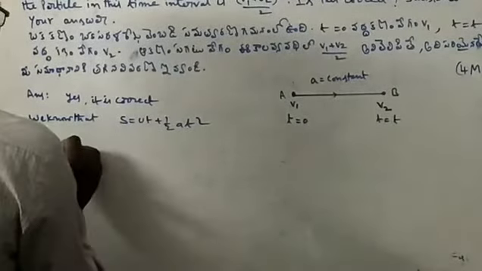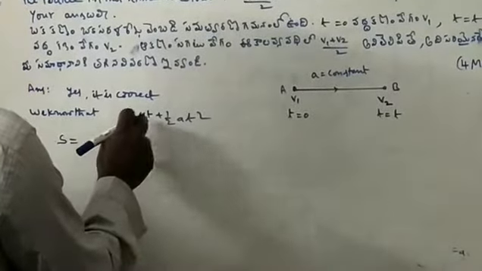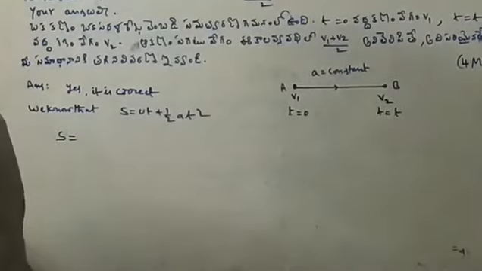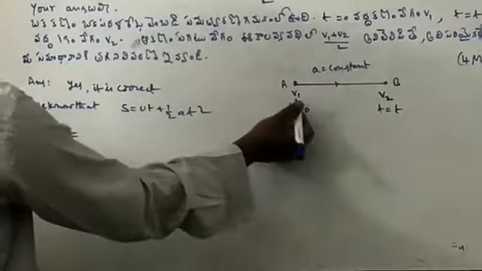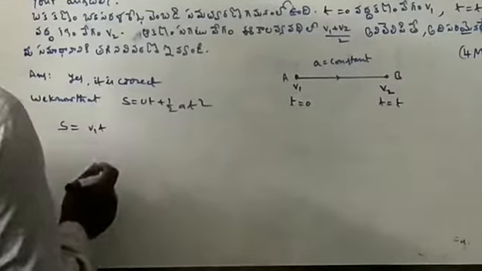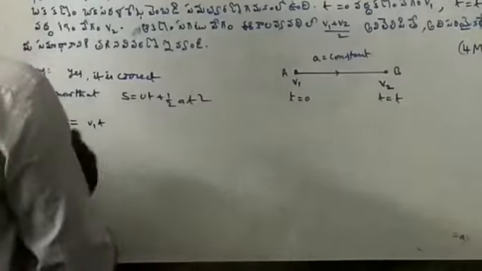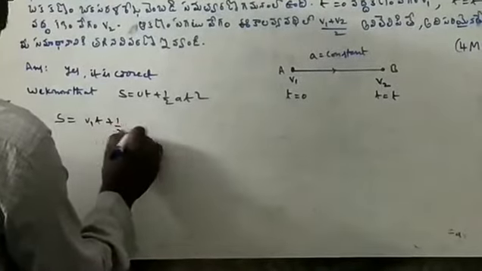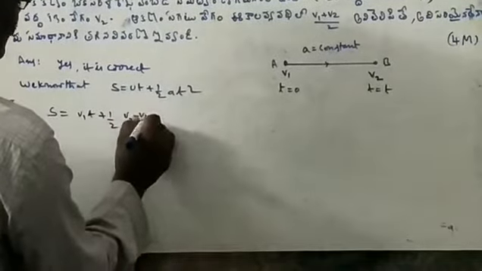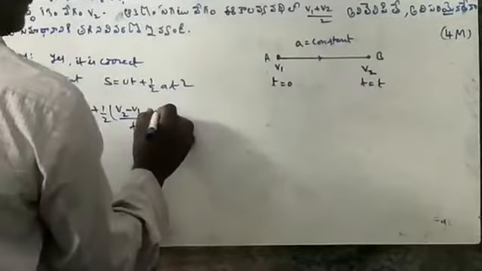S means displacement, u means initial velocity, t is the time taken for the journey, a means uniform acceleration. S is equal to u, initial velocity v1, times t, the time taken from A to B, plus half a, where acceleration is the change in velocity, final velocity minus initial velocity, by time, into t square.